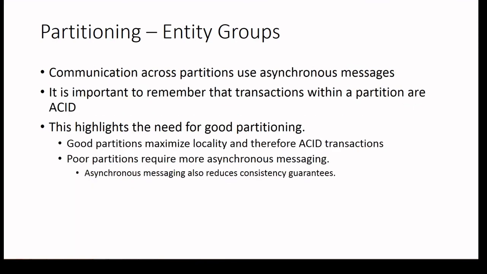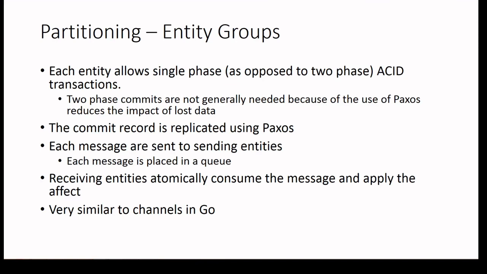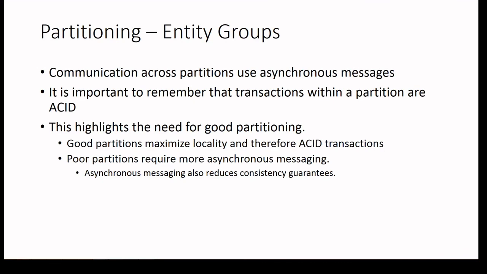Now, back to the idea of how entities communicate across partitions. When you're inside of a partition, you get to use this single phase ACID transaction. It's very quick and it's very, very efficient. But across partitions, you have to instead use asynchronous messages. Now, this is what really highlights the need for good partitioning.